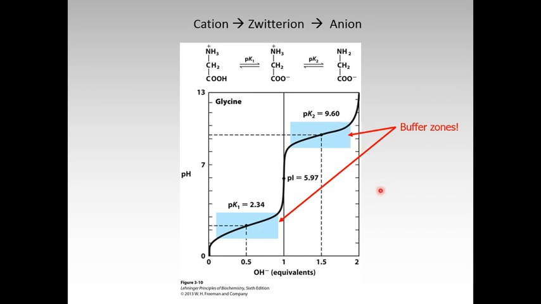Second, it also tells us that this is a buffer zone for the amino acid. So essentially, there are two buffer zones. One is at pH 2.34 plus or minus 1. So glycine is essentially a buffer in this buffer zone.